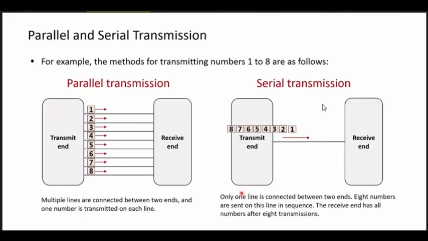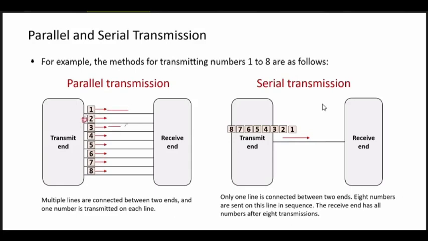Parallel and serial transmission. In some sense, parallel transmission is actually faster than serial. With today's technology that's different, but in the old days, parallel transmission transmitted data 1, 2, 3, 4 in parallel lines, right? The problem is maybe the transmitter is faulty.